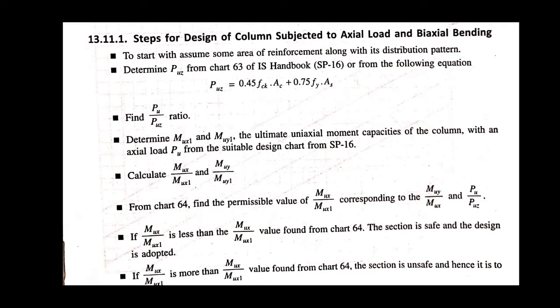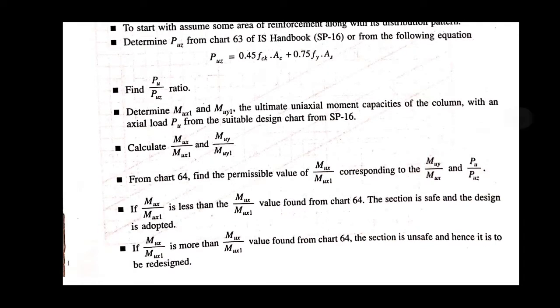After that, if Mux by Mux1 is less than the Mux by Mux1 value found from chart 64, that is the permissible value, then the section is safe and design is adopted. But if Mux by Mux1 is more than the value found from chart number 64, the section is unsafe and hence it is to be redesigned.